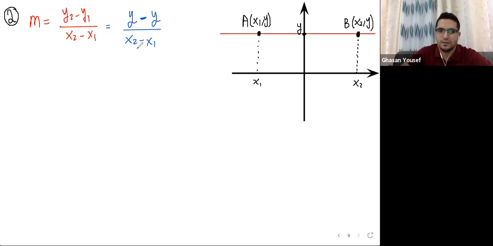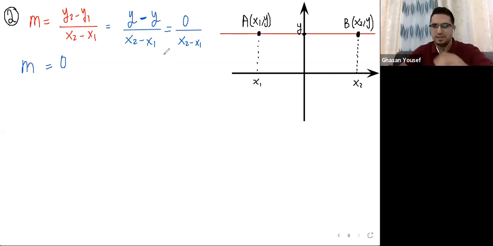Y minus y is 0, right? Over x2 minus x1. And what does this equal? 0. So now my slope m equals 0.